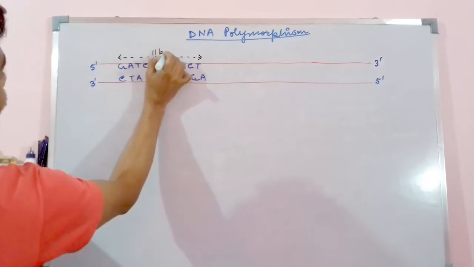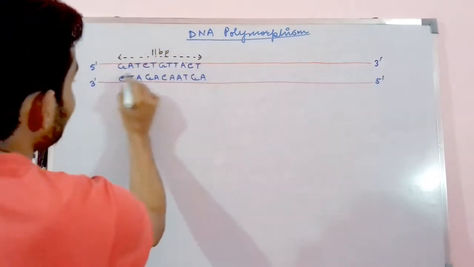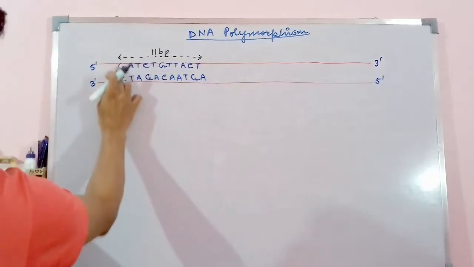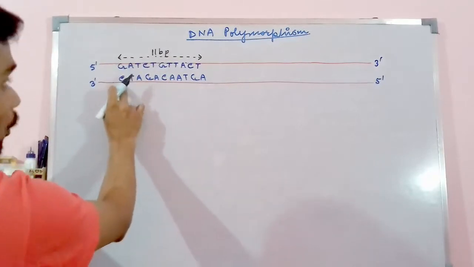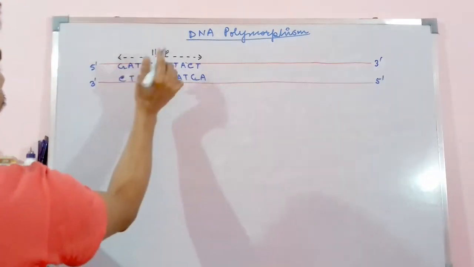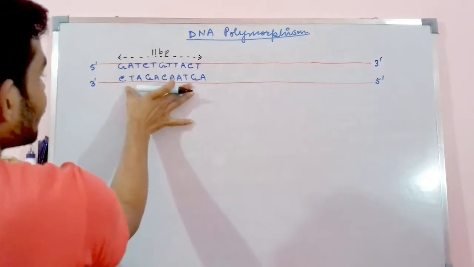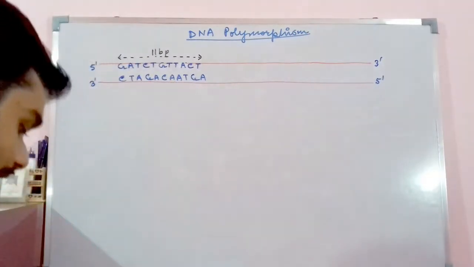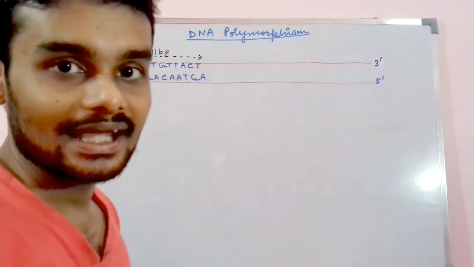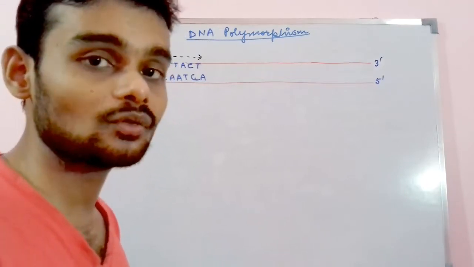11 base pairs means 11 nitrogenous base pairings, that is, pairing with the complementary nucleotide is present in this sequence. Now, this 11 base pair sequence in a DNA is often known as a satellite body.